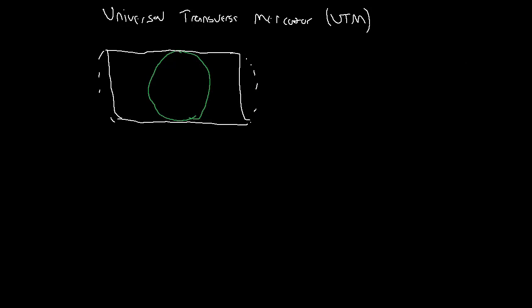So with transverse, the idea was that you had what was called a central meridian. Another term that we could use for central meridian is a standard line, to use our terminology from distortion. With universal transverse Mercator, we can pick our central meridian or our standard line.